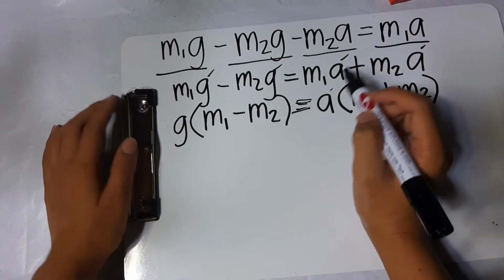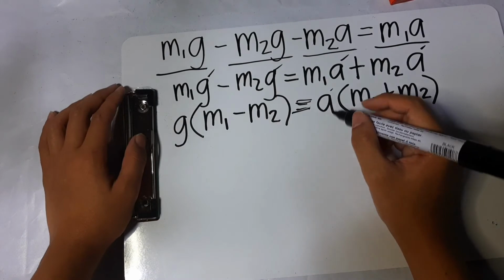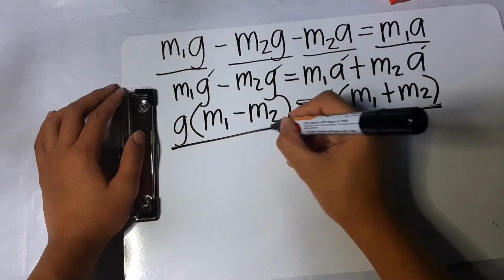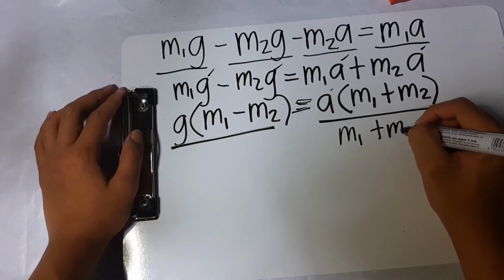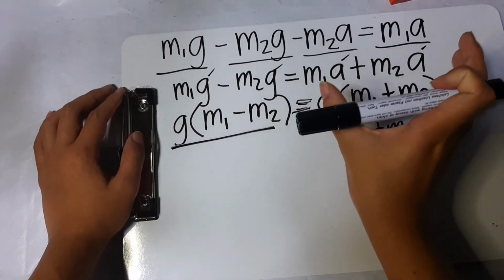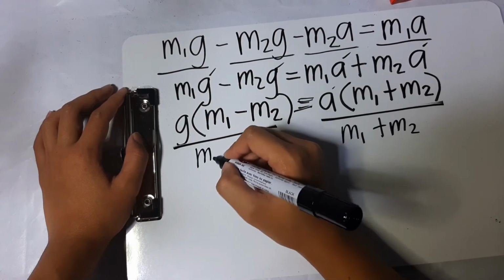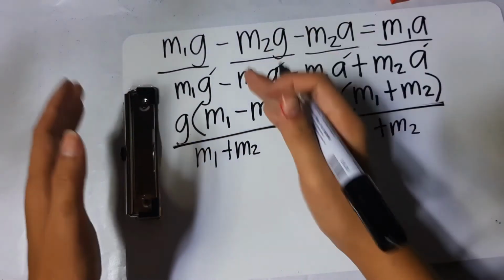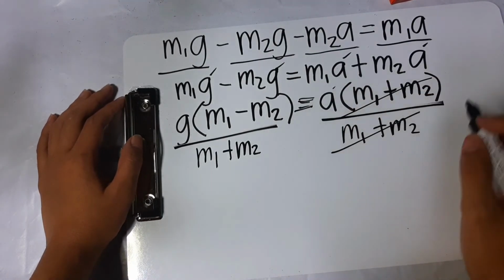So let's divide both sides by mass 1 plus mass 2 so that your acceleration will be isolated on the right side of the equation. And let's not forget the mass 1 plus mass 2 on the left side of the equation. So this will now be cancelled out.